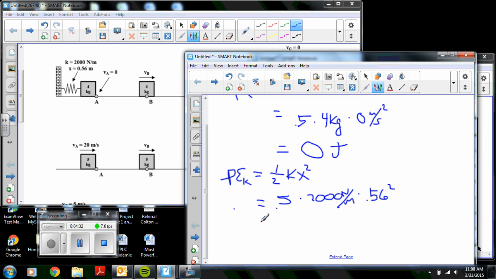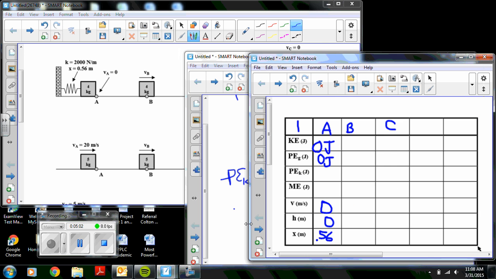If you're doing a quick calculation of this, you should get an answer of 314. And again, the units for energy are joules. So we're going to pull it out here, 314.